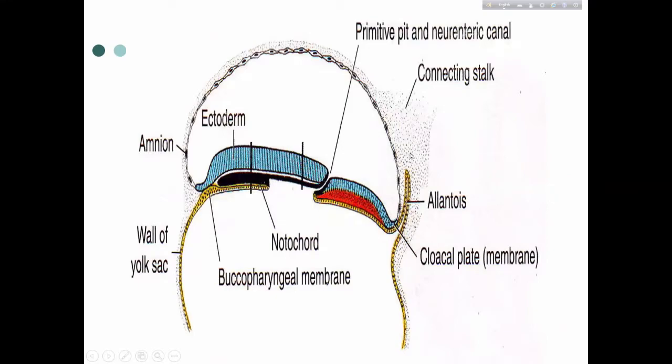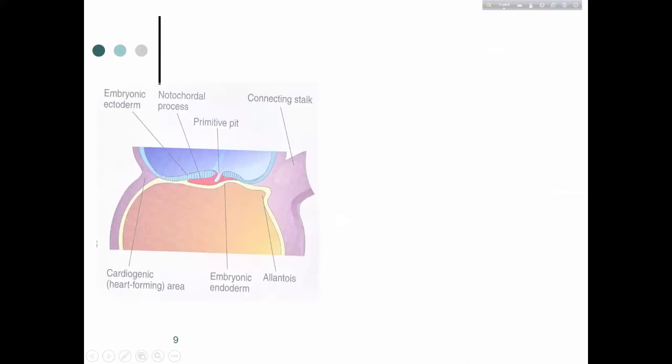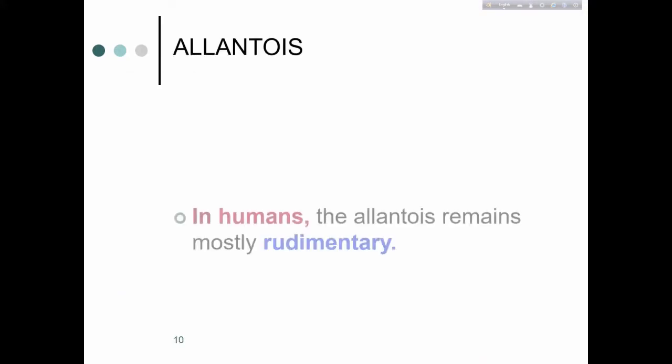And I told you in embryonic life, where there is mesoderm, blood and blood vessels can form de novo. So in humans, the function of the allantois is not that much, but it is involved with early blood vessel formation here near the connecting stalk. And ultimately, these blood vessels will become the umbilical blood vessels.